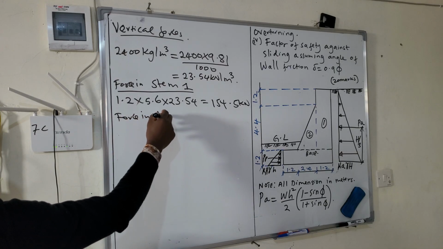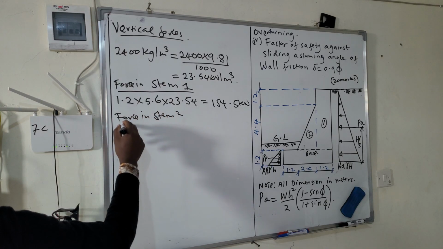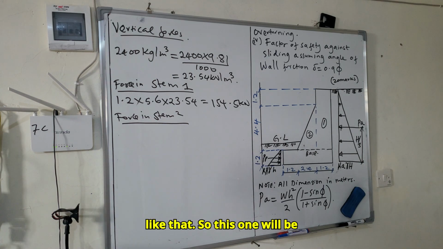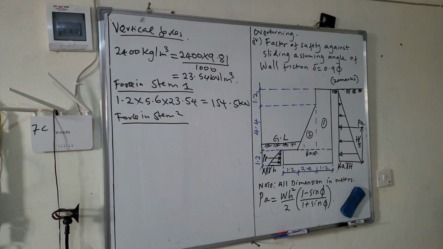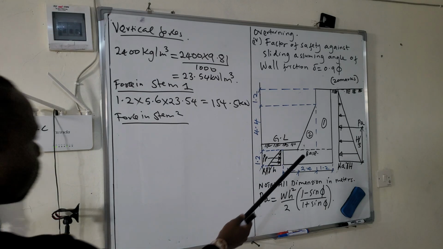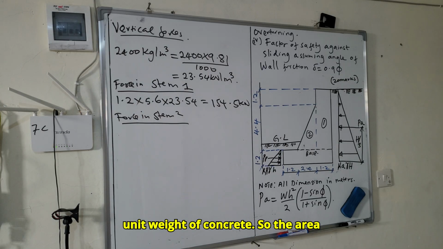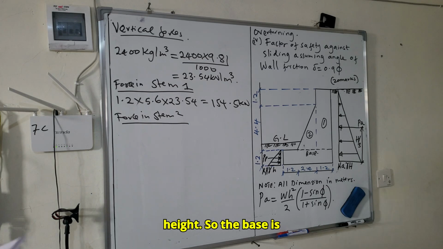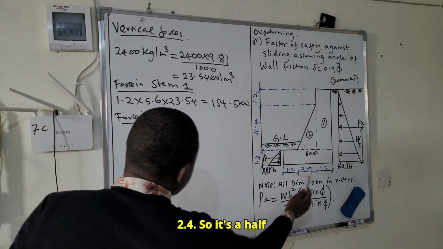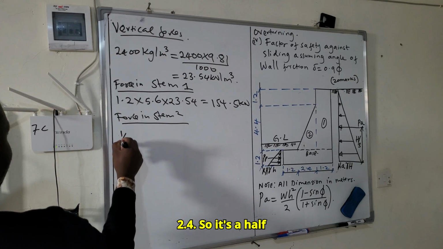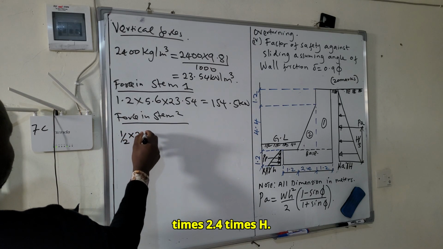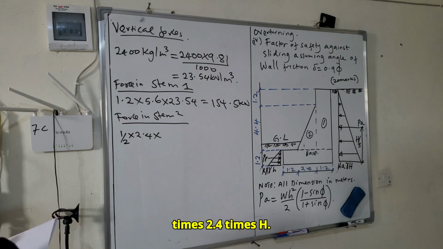We proceed to force in stem 2. This one will be the area of this triangle times the unit weight of concrete. The area of the triangle is a half base times height. The base is 2.4, so it's a half times 2.4 times h.